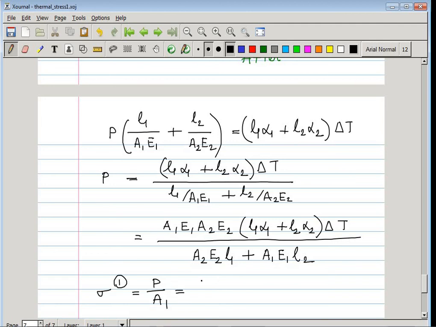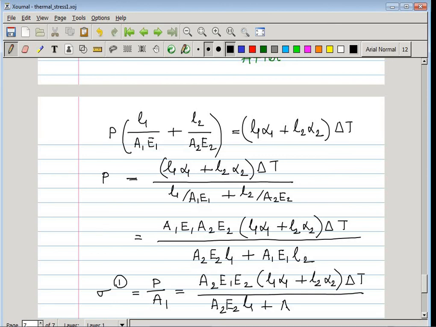So this is A2 E1 E2 L1 alpha 1 plus L2 alpha 2 delta T divided by A2 E2 L1 plus A1 E1 L2. So this is what we get from strength of material calculations.